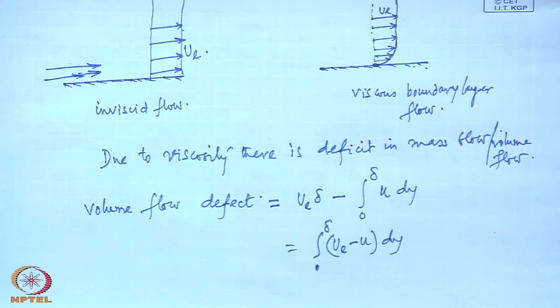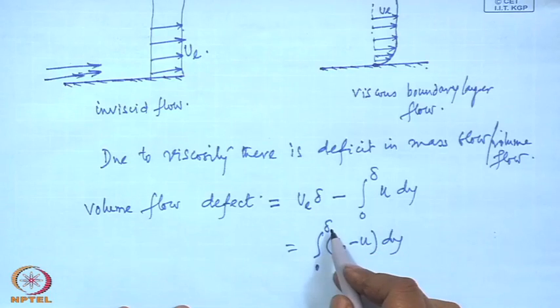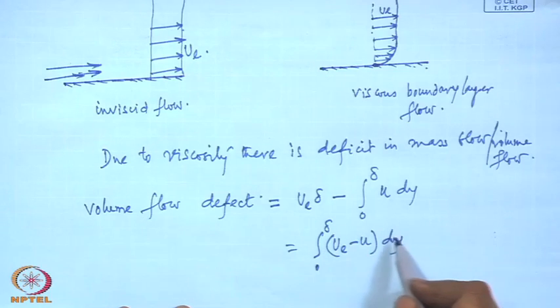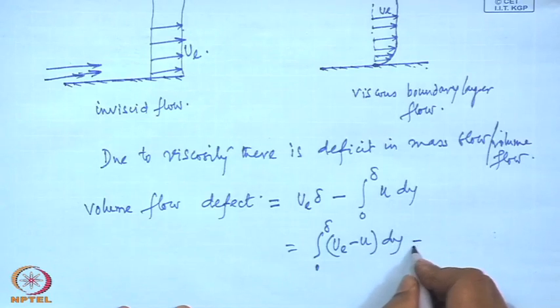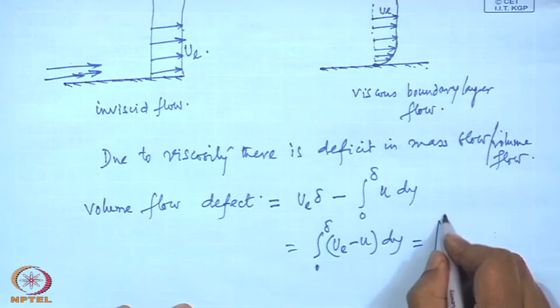So, this upper limit delta is really not a preferable quantity, we do not know what it is. However, we know that when y is more than delta, then u e minus u is 0, there is no difference between u e and u, the viscous flow and inviscid flow are the same when y is more than delta. So, since for y greater than delta this integrand becomes 0, we can straightaway extend this integration.